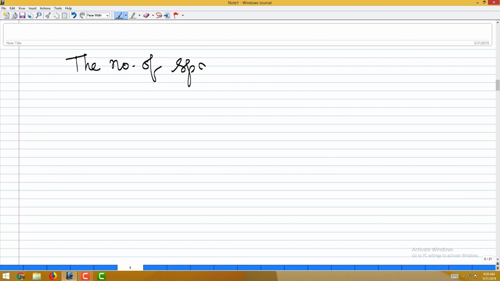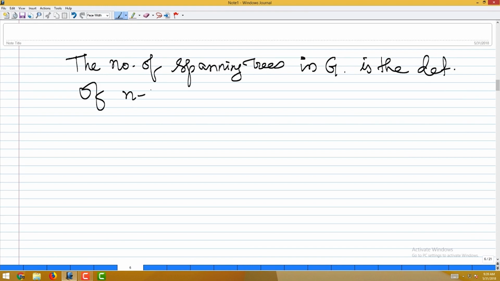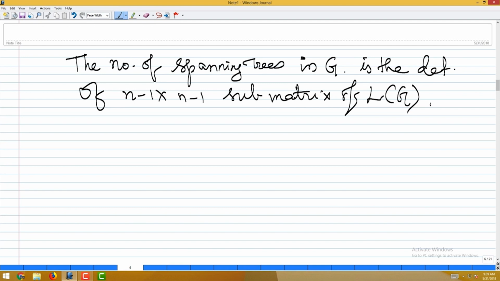The number of spanning trees in G is nothing but the determinant of the n minus 1 by n minus 1 submatrix of the Laplacian of G.